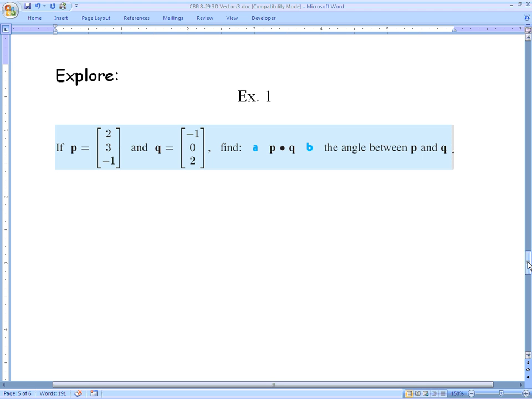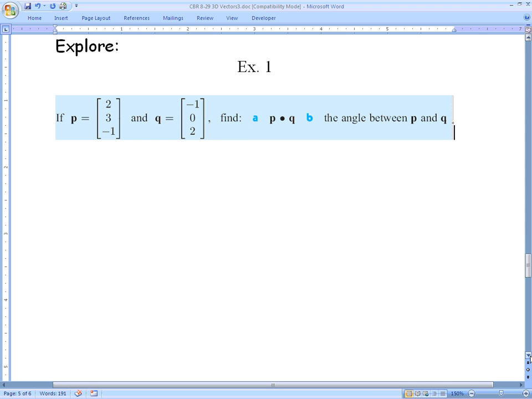We're just going to do one example showing dot product and then finding an angle between two vectors here. So to start with, dot product. We are going to multiply the x's together, the y's together, and the z's together here. So I've got p dot q. Again, they're vectors, and I'm writing it, so I underline each one.